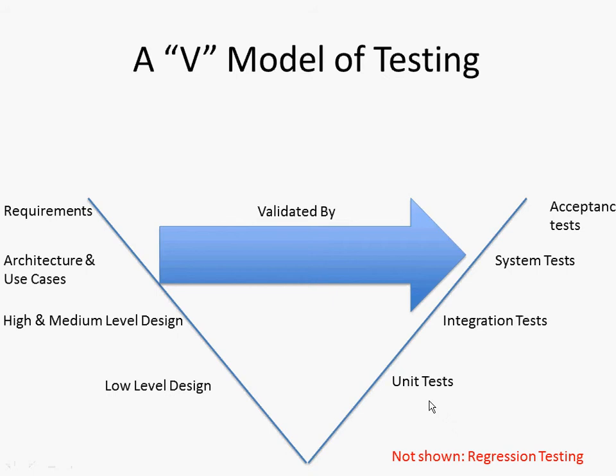High-level architecture and sort of use cases of a system, broad use cases, are often tested by system tests. The defining characteristic of a system test is that while it may not be required for acceptance of the system as a whole, it's going to be testing across multiple features of the system. That's the end-to-end test.